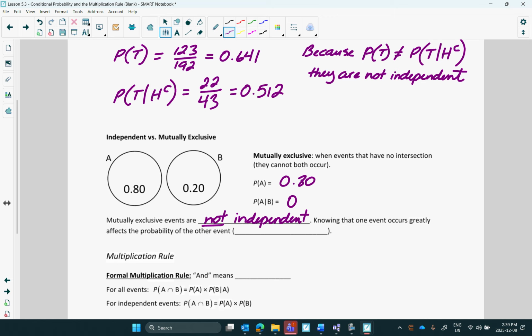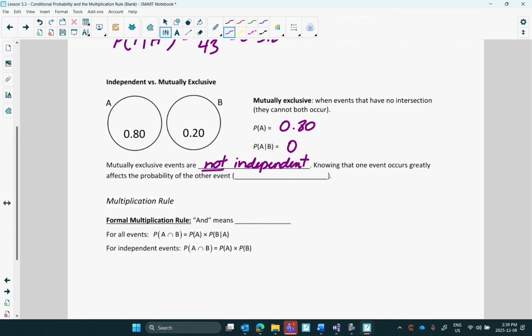What's the probability of selecting a male given that they're pregnant? Come on. Doesn't make sense. 0. So knowing that one event occurs greatly affects the probability of the other event. In fact, it decreases it to 0.